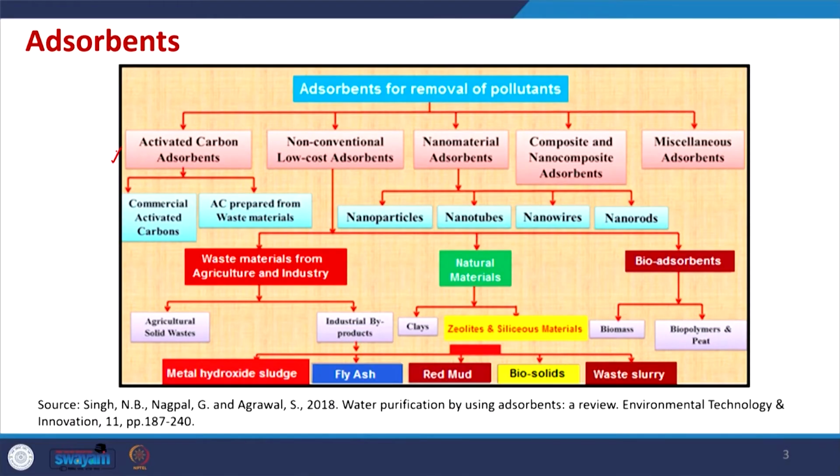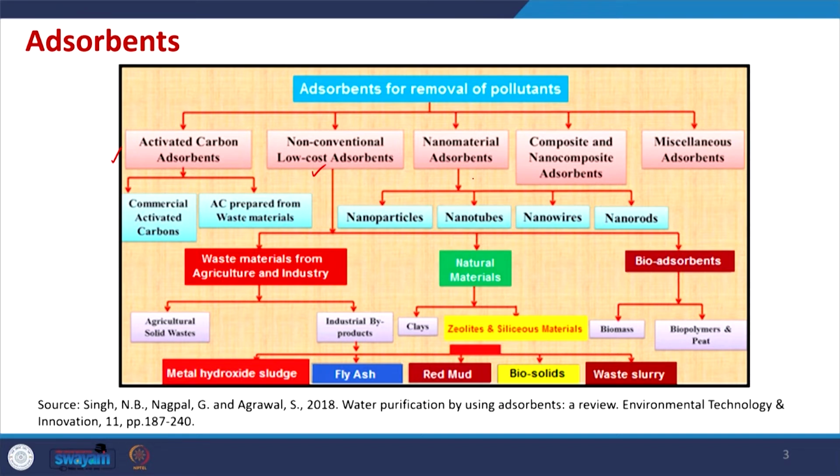Now, there are various types of adsorbents which can be used for removal of pollutants. These may be activated carbon based adsorbents, other types of non-conventional low cost adsorbents, and there are many nanomaterial adsorbents which are getting developed.